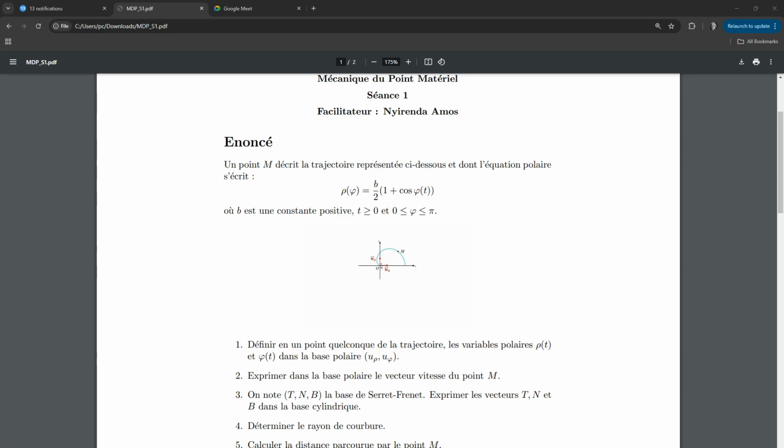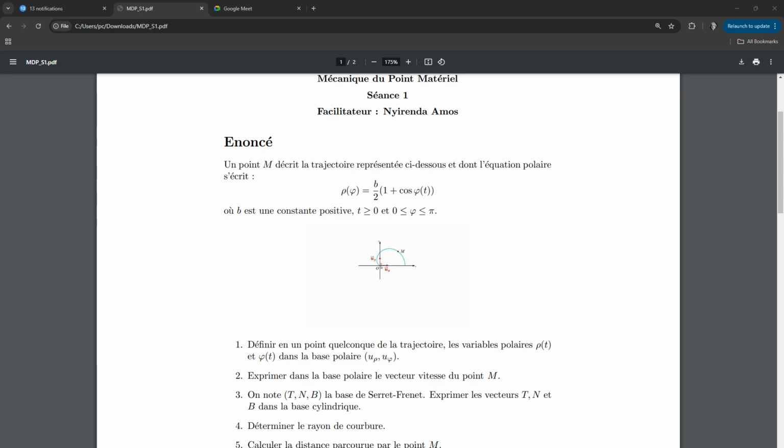However, there's another formula. You can use this one. So an is equal to the magnitude of velocity squared divided by the radius of curvature, which is in this case going to be rho.